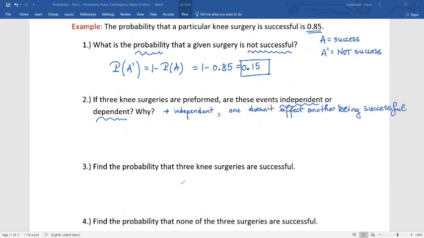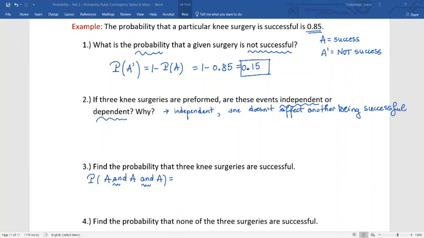Find the probability that 3 knee surgeries are successful. So I will write down the probability of the first one being successful and the second one being successful and the third one being successful. You see, I'm using "and" because I'm looking for all 3 successful, which means I'll be using the multiplication rule.